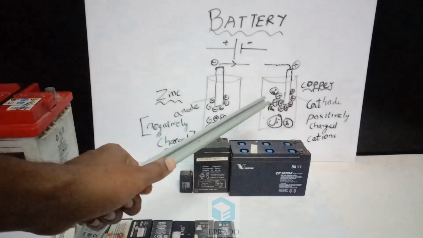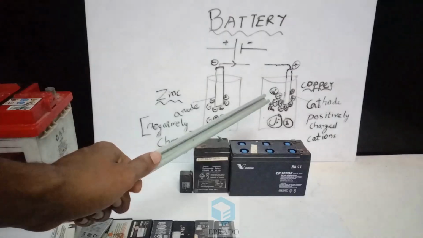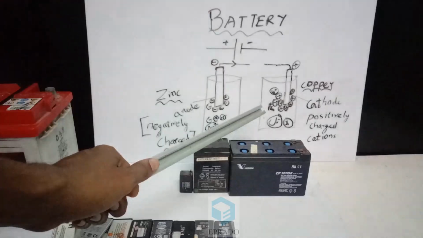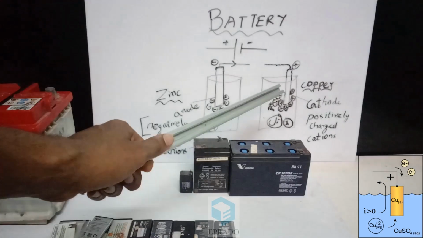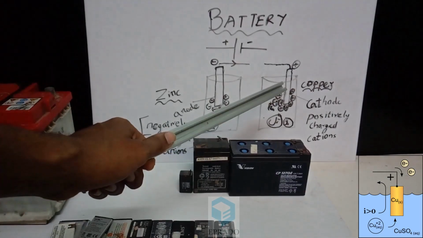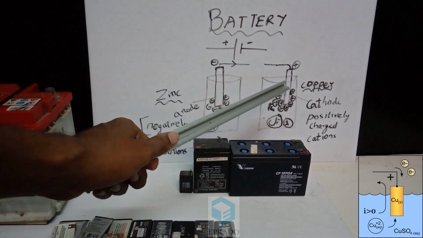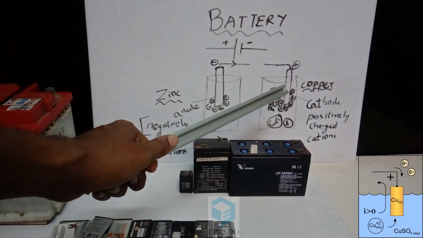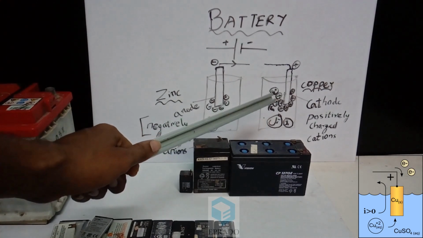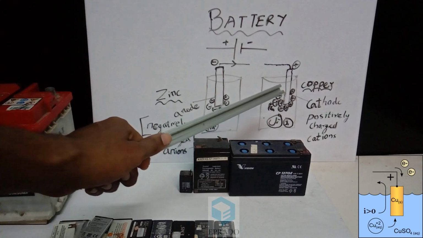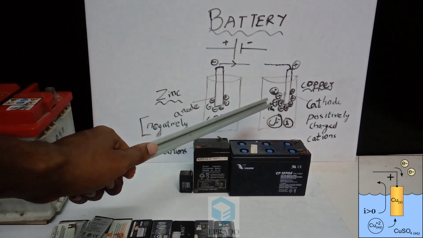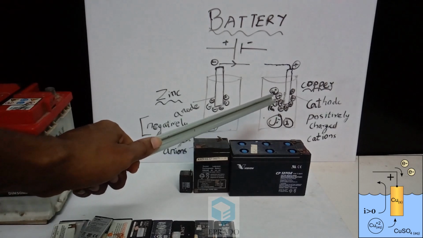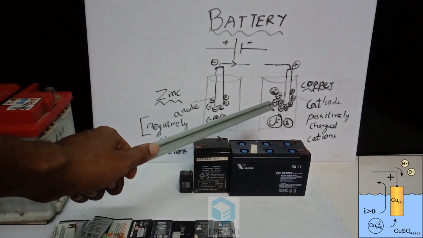Similarly, this bowl contains a copper electrode, that is a copper metal plate inserted in this bowl. So in this bowl, this copper plate will attract all the positively charged cations.